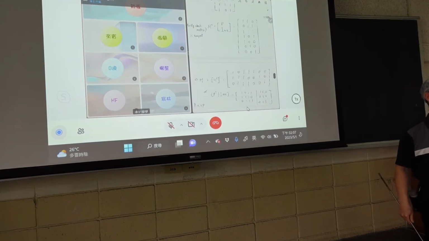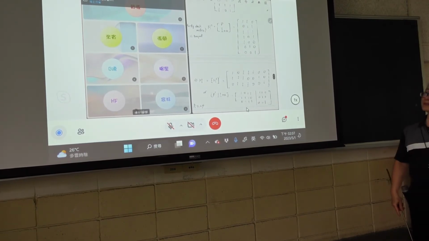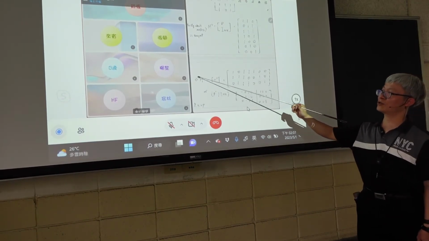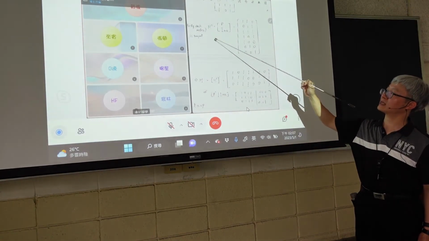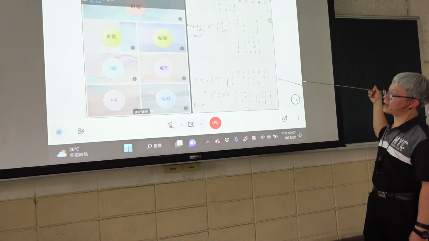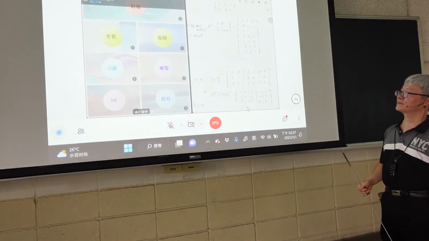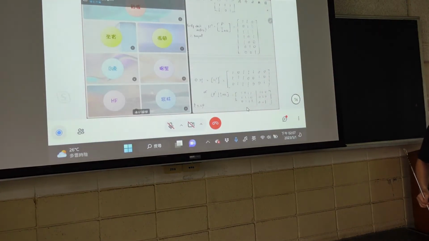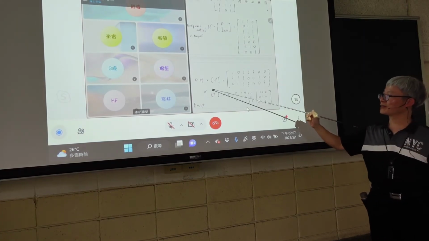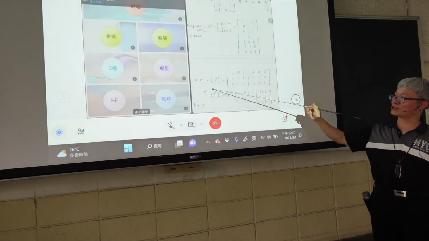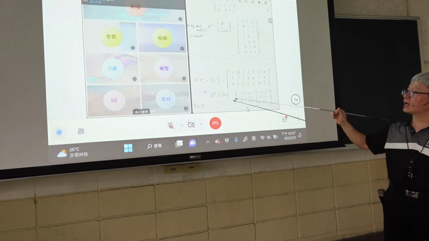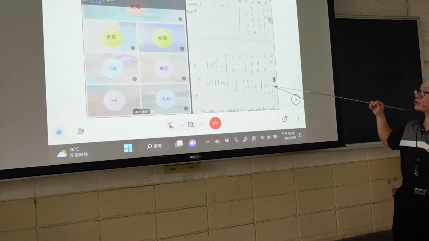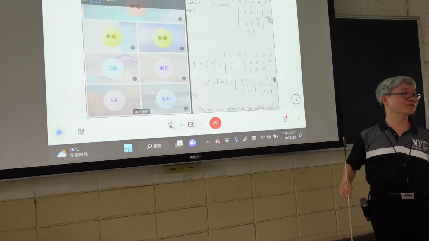The problem asks you to calculate H. So you start from H hat, but you need to transpose, and so you have the final answer. You also let us know another way, right? Direct calculation for H by using this, but you need to transpose P first, and then you will have the identity matrix, so you can have the final answer.